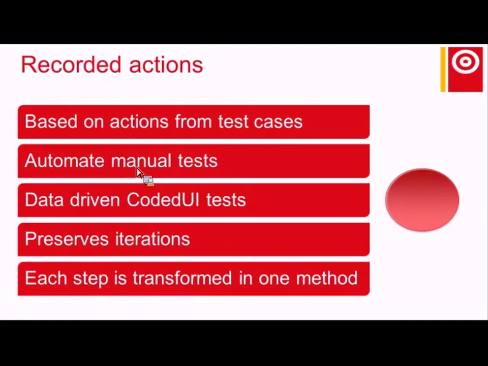And I'll show you about data driving coded UI tests later on. Iterations are preserved, and each method that was in your MTM test is converted into one action. I don't have time to demonstrate this conversion now.